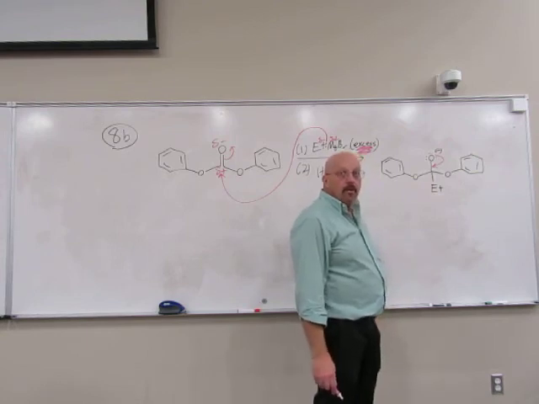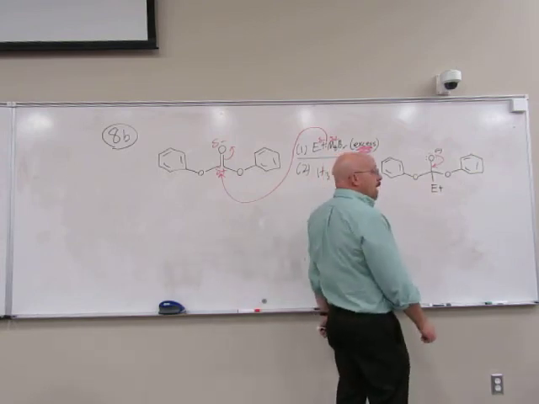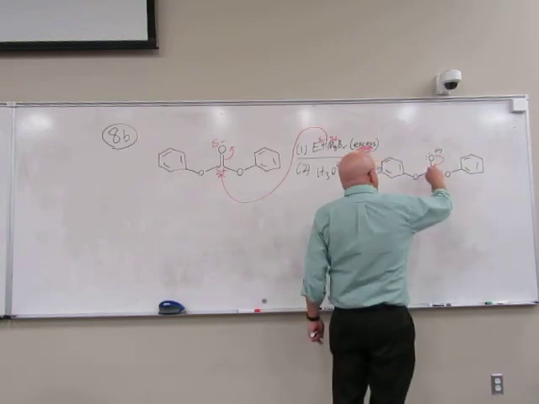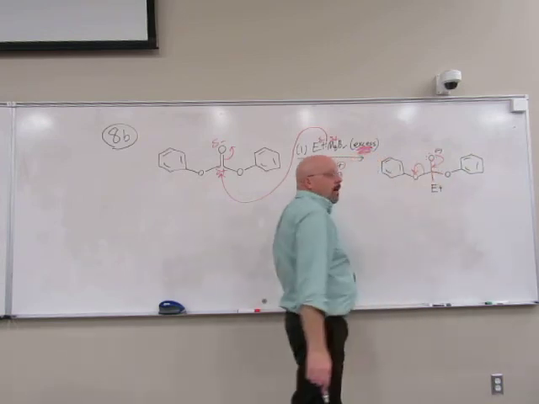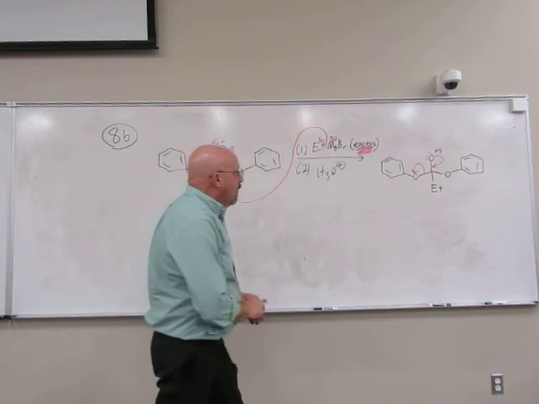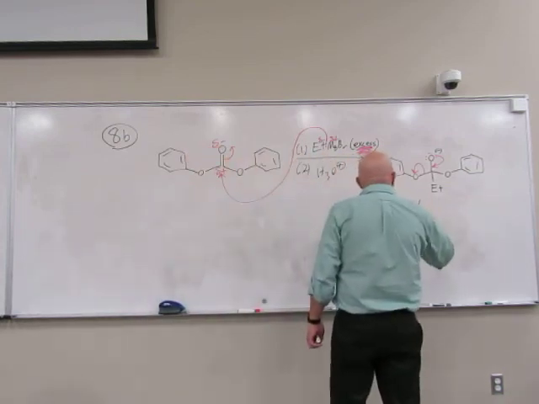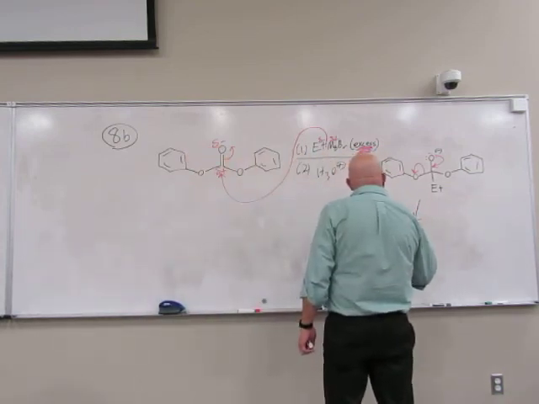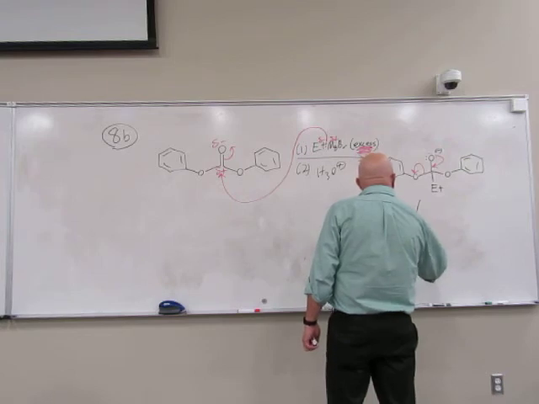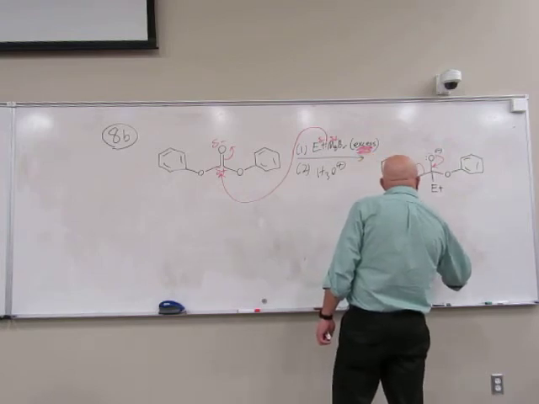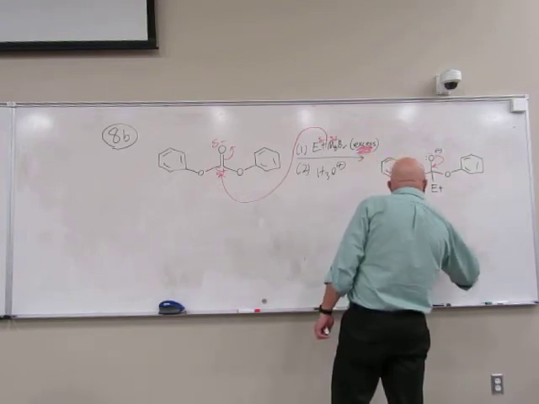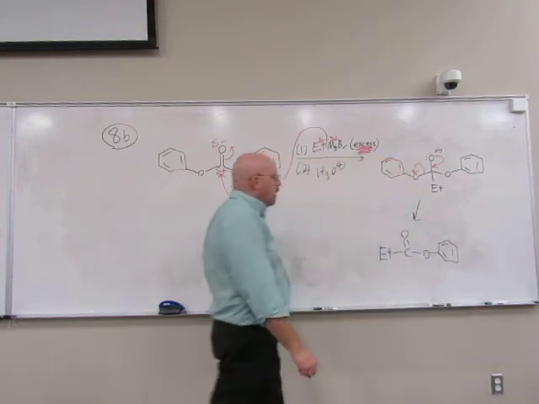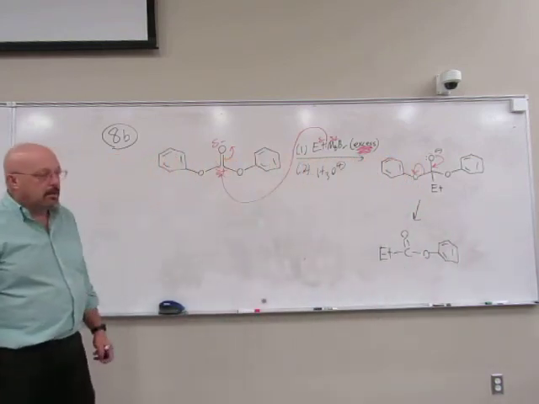You're going to break one of those. No matter which one you do, I'm going to take off the one here on the left. We're going to break that bond. We kick that off and we reform the carbonyl. Okay, so I made the carbonyl back.